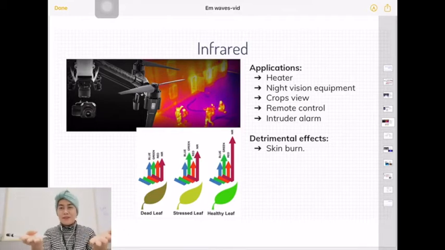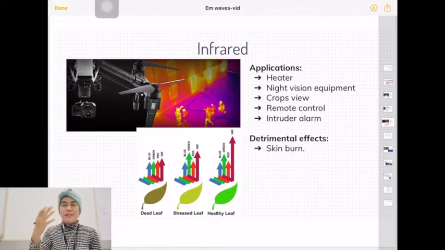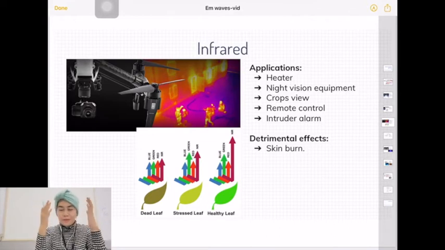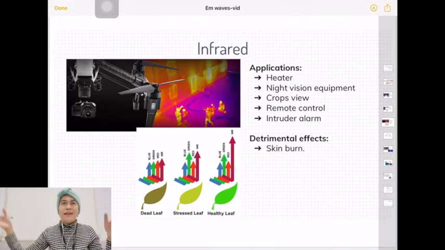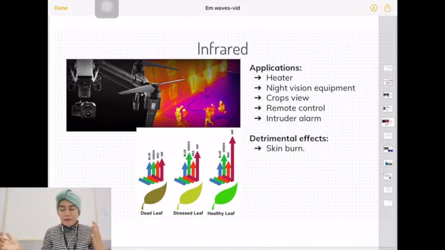You give out infrared radiation because your body is hot, right? Like night vision equipment, you just place a heat detector into a goggle, and then you use it. So at night, you will see heat signatures wherever you go.